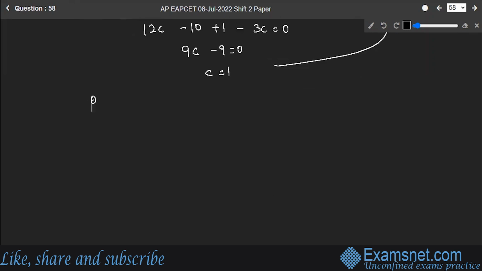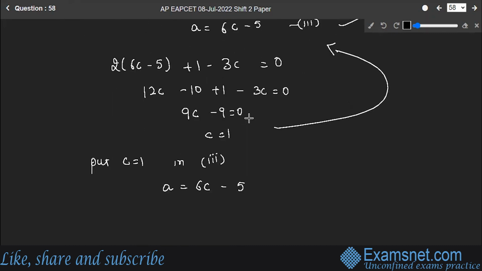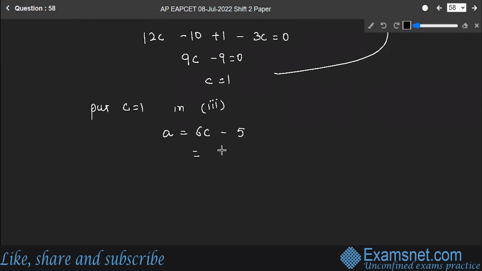Now let's put this c is equal to 1 in the third equation. You will get a is equal to 6c minus 5, which gives you 6 into 1 minus 5, that is equal to 1.